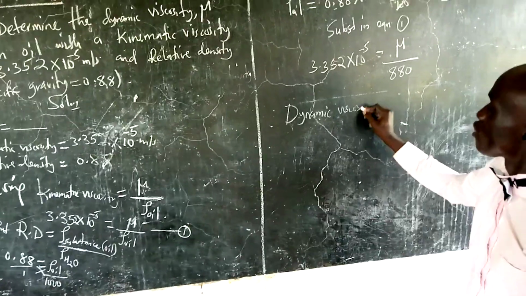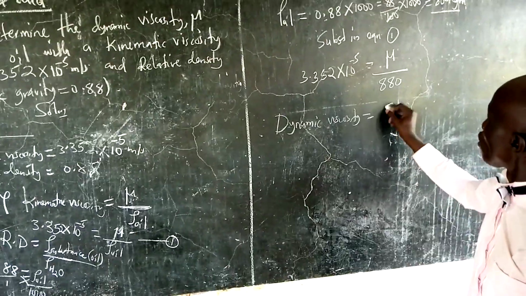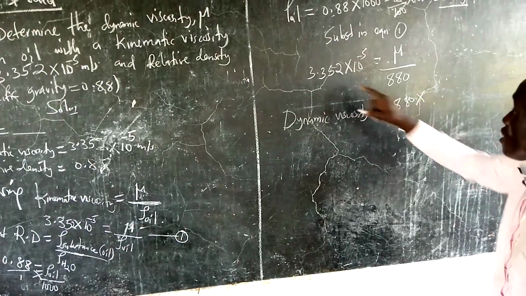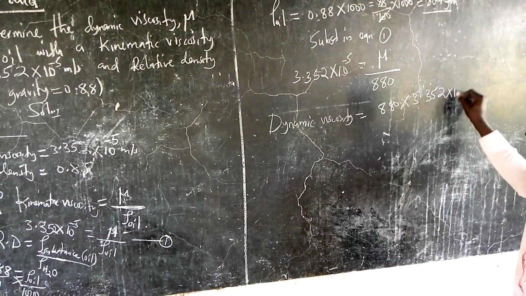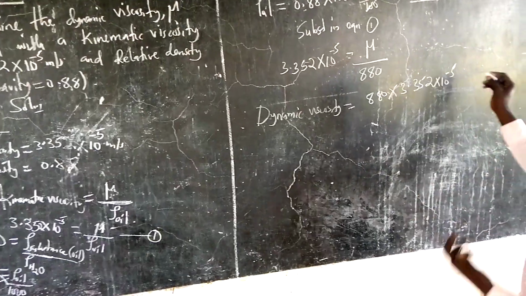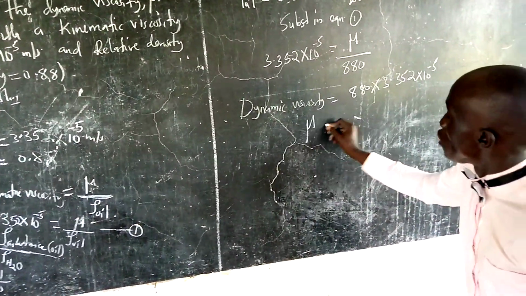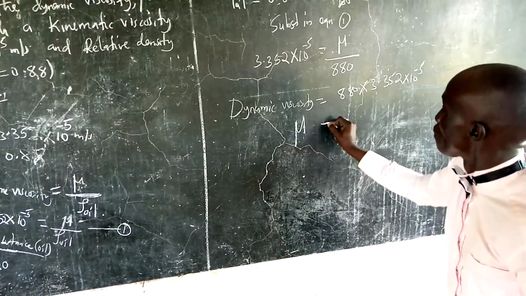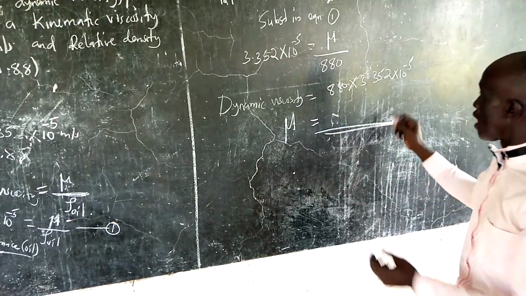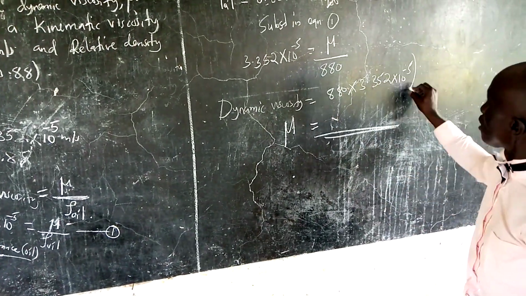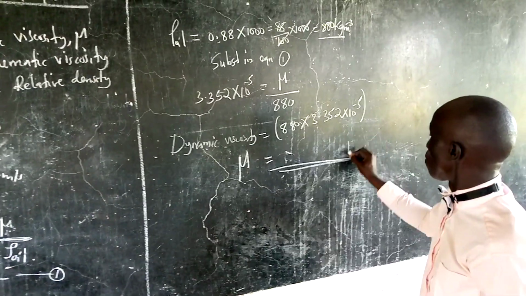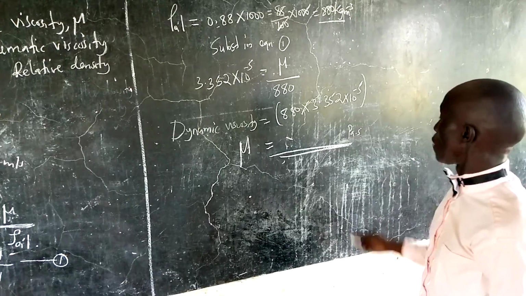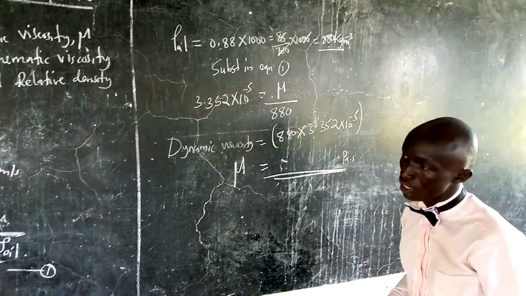Our dynamic viscosity is going to be equal to 880 times 3.352 times 10 power negative 5. So mu is going to be equal to that. You can compute this and get the answer. Dynamic viscosity's unit can be Pascal seconds, or other units like Newton seconds per meter squared.